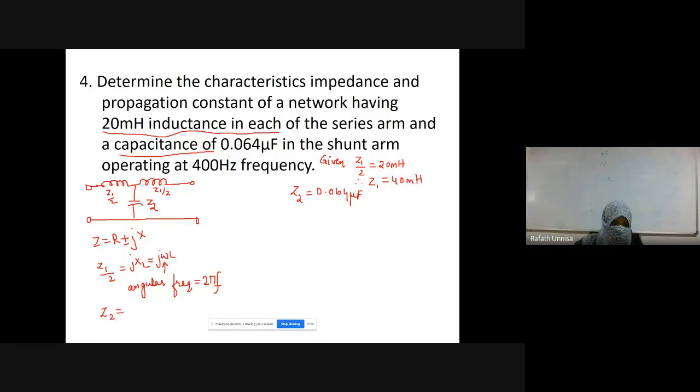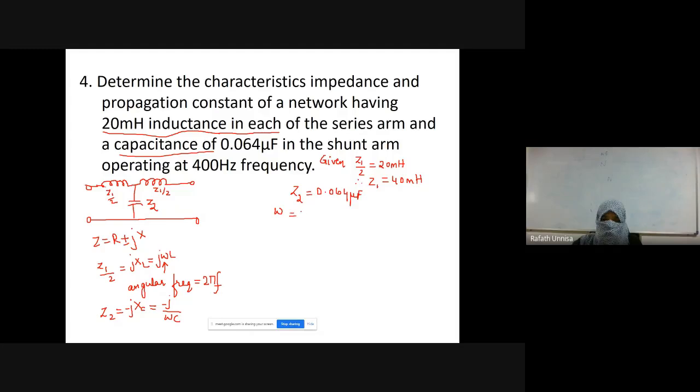Z2 is nothing but minus jXC, capacitive reactance, whereas plus jXL is inductive reactance. So this can be written as minus j by omega C. Here you can see the role of omega coming into the picture. Now we are supposed to take that data into account and calculate the angular frequency.